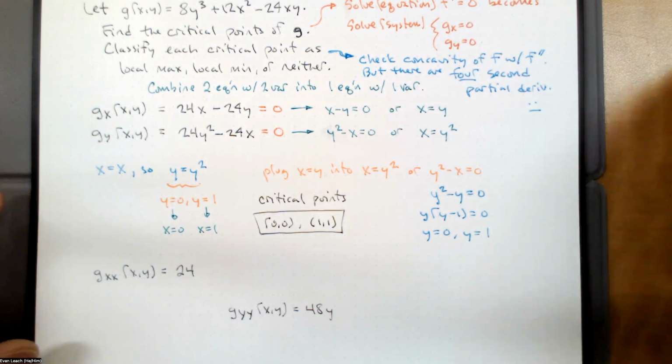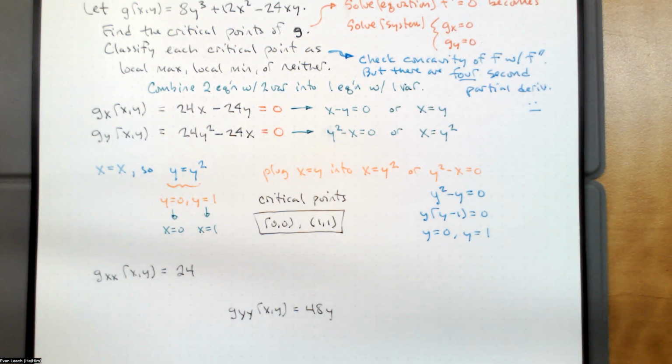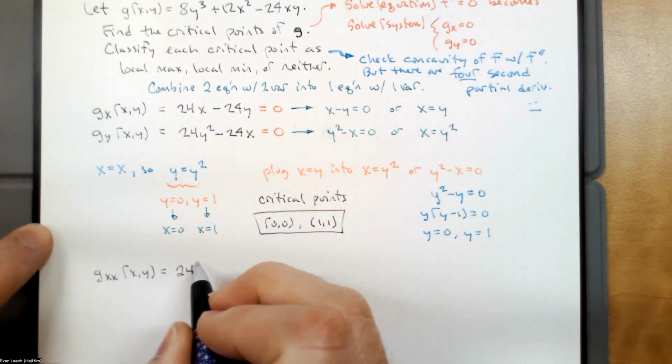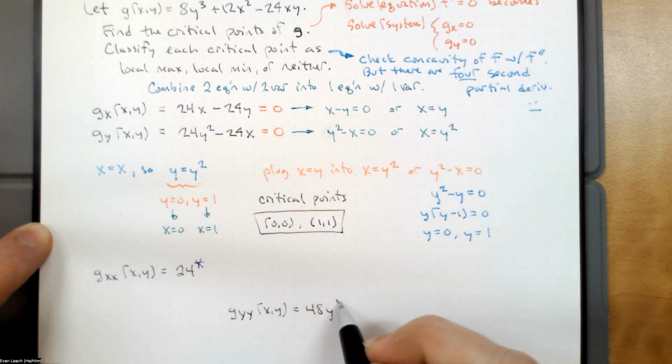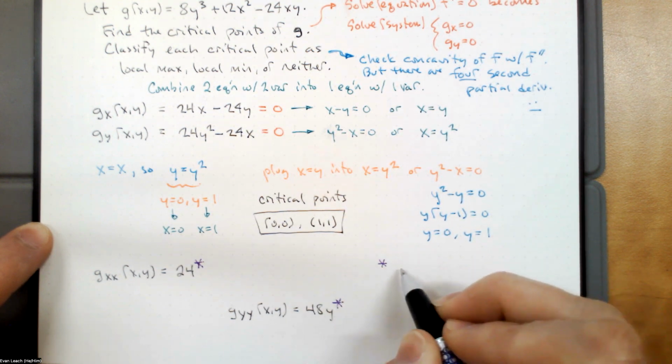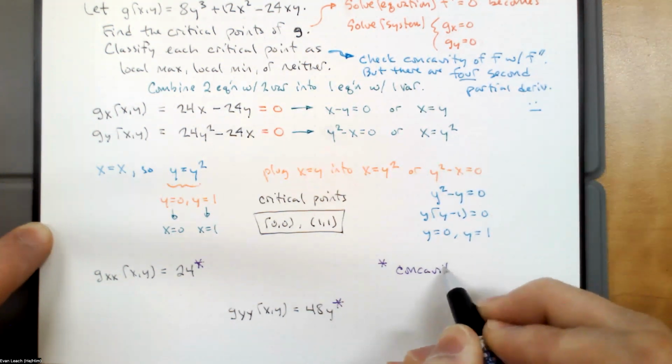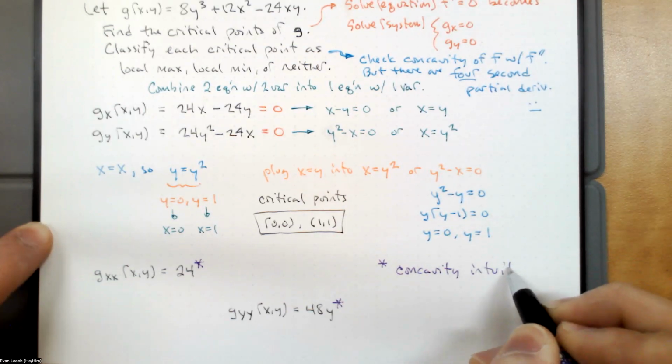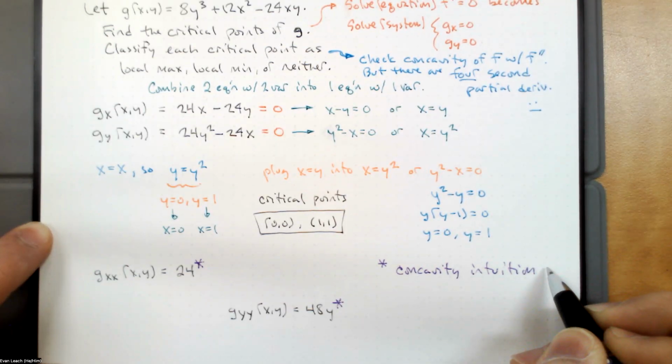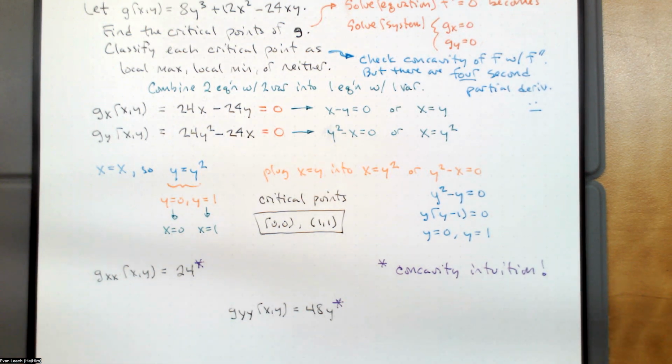So our intuition, looking just at these, gxx and gyy. This is just us thinking about what's going on here. These 2 at 1, 1: positive in the x, so we're thinking concave up in the x direction, concave up at 1, 1 in the y direction.